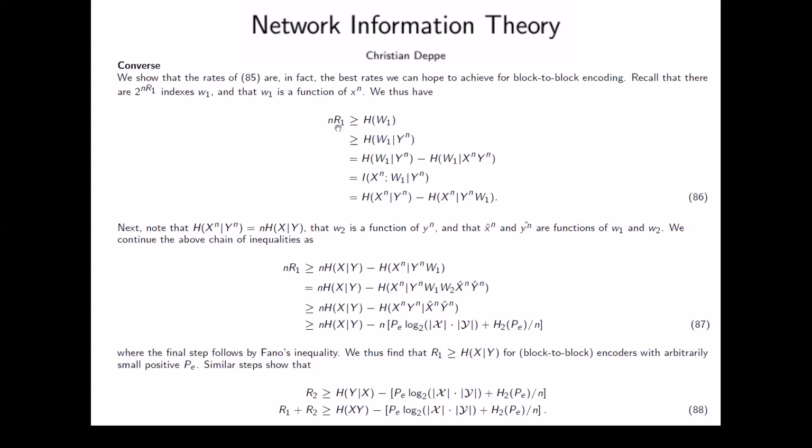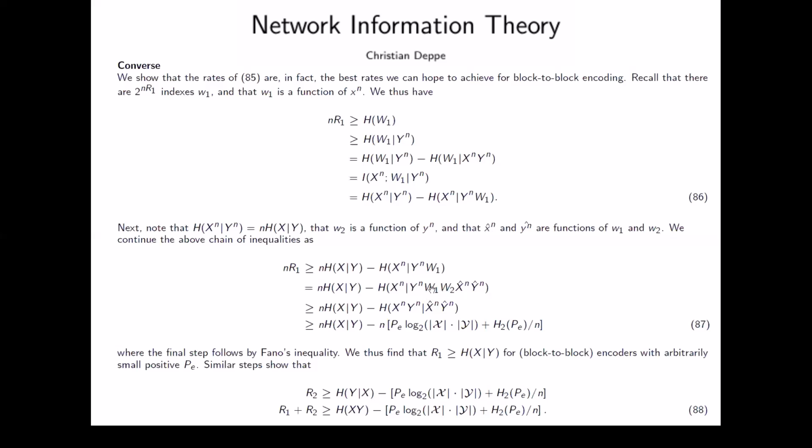So then we know in total, starting from here, that n times R1 is greater or equal n times the entropy of X conditional on Y minus the entropy of X^n conditional on Y^n and W1. Now we add this condition here. Why can we do this? Because W2 is a function of Y^n.